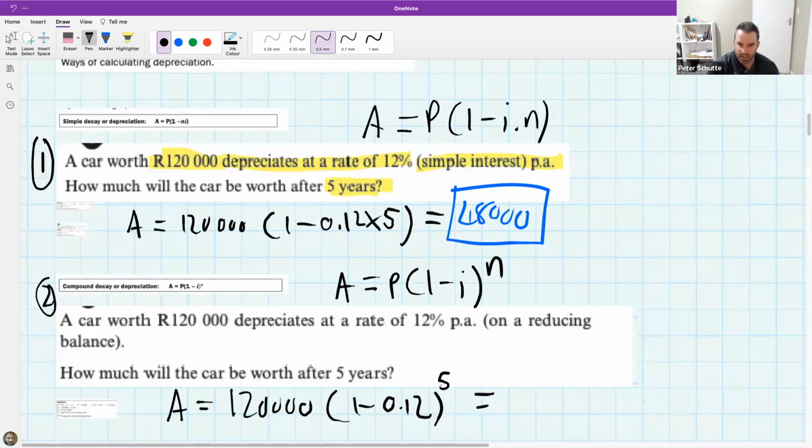Well, I get that it is now worth 63,327.83.